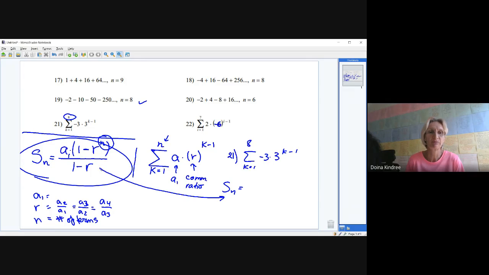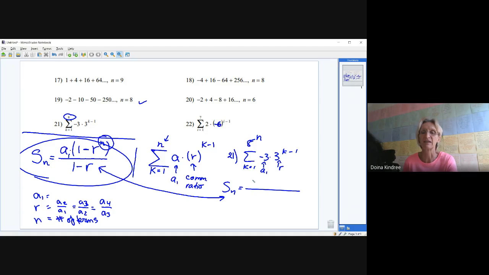So now, how do I make the connection between A1, R, and n in sigma notation? Okay, this is N, yeah? This is A1 or A, and this is your R. And we're done. Now we just plug in, correct? You see how fast I'm doing it once I'm identifying the elements of the formula, correct?